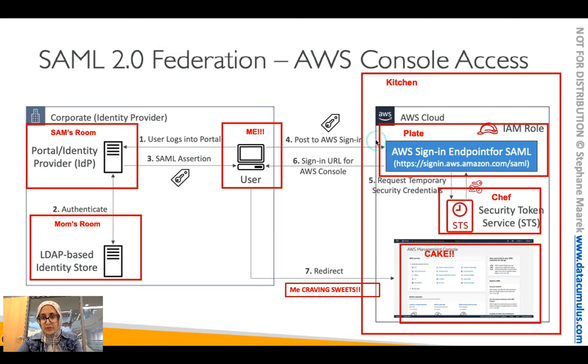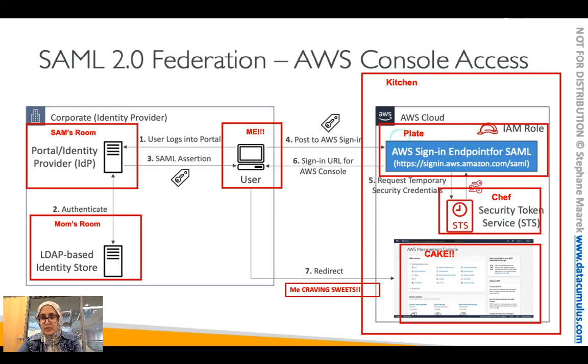Once I go to the kitchen, the first thing I do is go to the kitchen table and get a plate from there. In this case, the plate would be the AWS sign-in endpoint for SAML, the URL that you can use to log in.